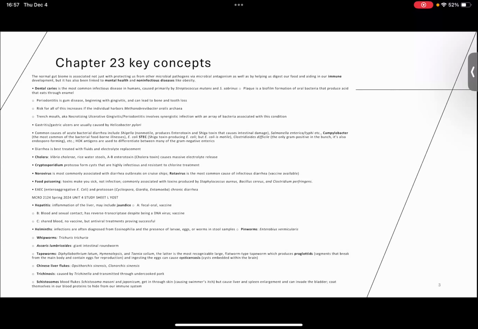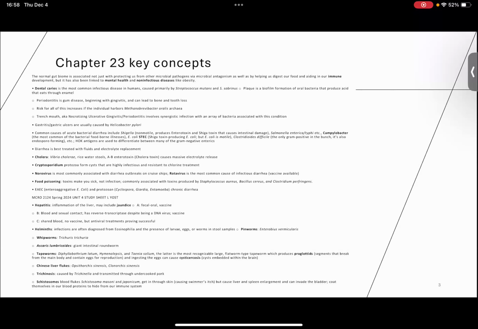So we often use antigens known as H, O, and K antigens, which has to do with the capsules and surface molecules and flagella and fimbriae that are on the surfaces of these bacteria. Because some of these organisms have different kinds of antigens on their surface, and this helps us differentiate what type of bacteria is causing your diarrhea.